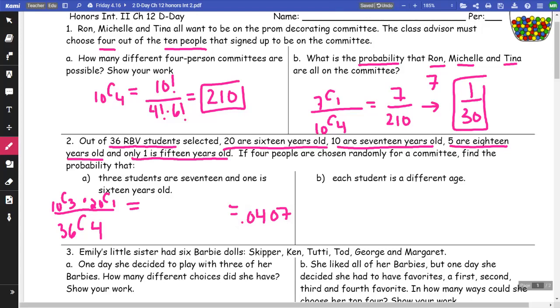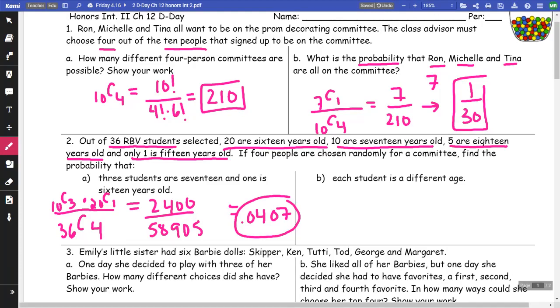If I am just figuring out the numerator, 10 choose 3 times 20 choose 1 is 2,400. The denominator 36 choose 4 is 58,905. So that would be the fraction, and this would be the decimal.